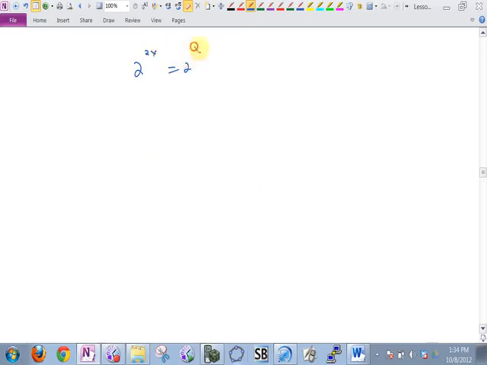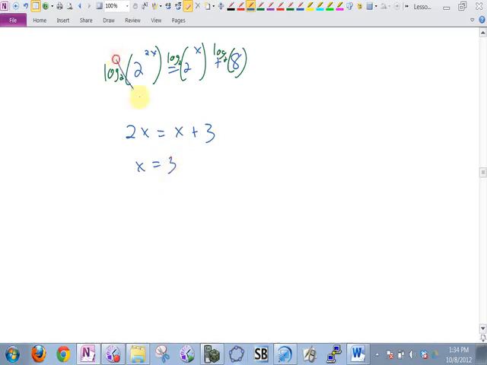I see that same type of mistake a lot when solving exponential equations. A lot of students will see an equation like this, and they'll be like, oh, let's take the log base 2 of everything. Take the log base 2 of that. Let's take the log base 2 of that. And so this becomes 2x equals x plus 3. And hey, x equals 3. Okay? That's not good.